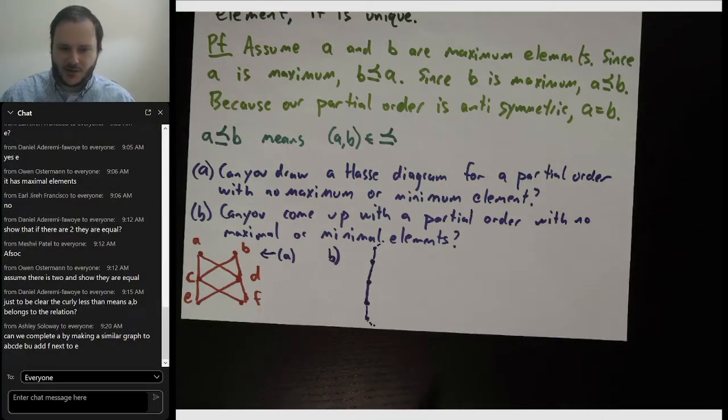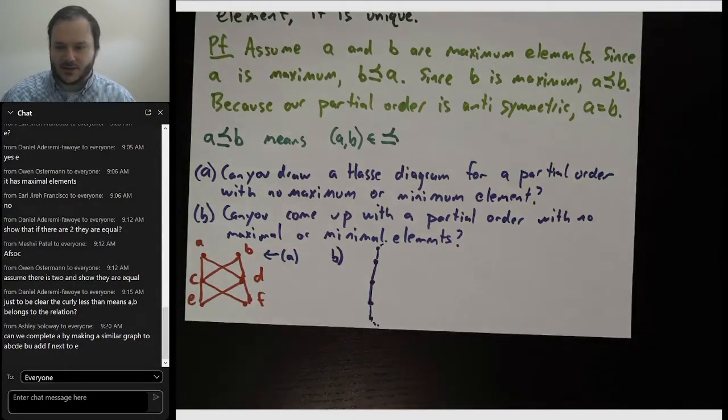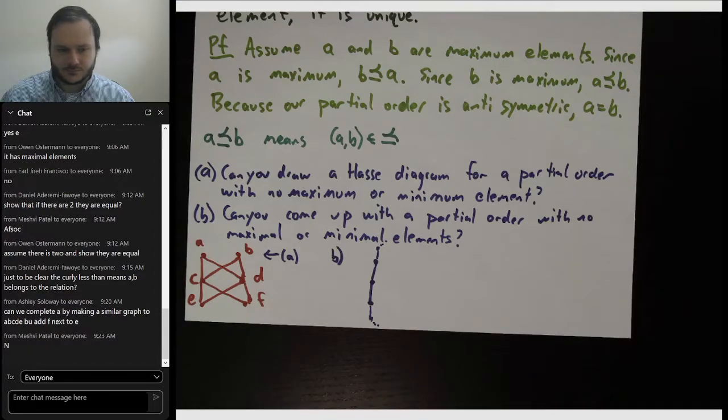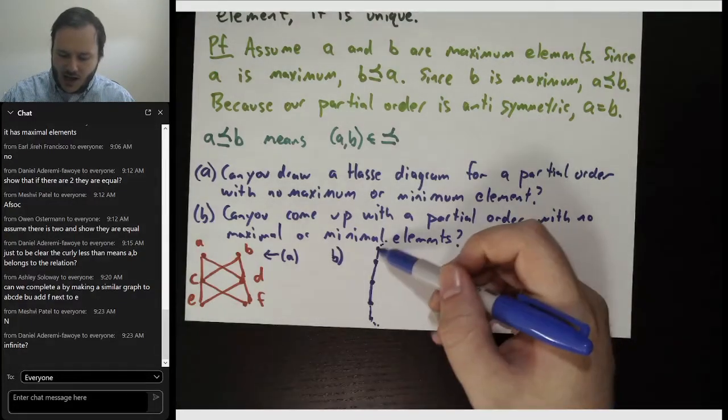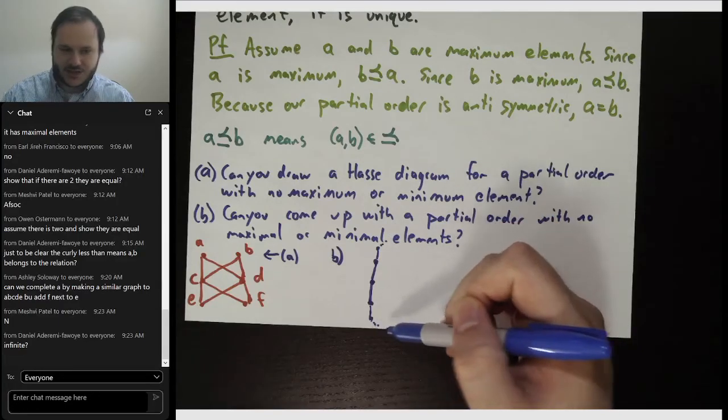Can you think of a partial order that would have a Hasse diagram that looks like that? What do we know about the number of elements we need? Yeah, right. We need an infinite number of elements. Need to keep going up and up and up forever, and also down and down and down forever.